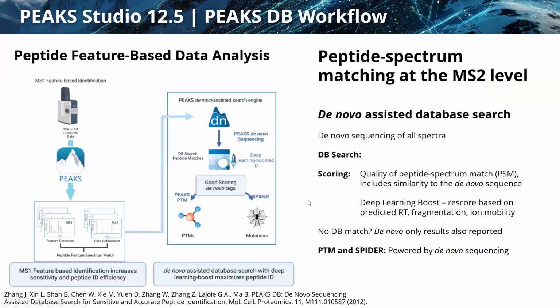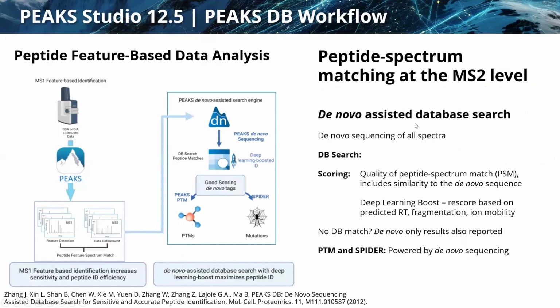Then the other part of identification is the actual identification at the MS2 level through peptide spectrum matching. The DDA database search, we call it a de novo assisted database search, and that's because de novo sequencing is involved in each step of the analysis. The first step is to de novo sequence all MS2 spectra.